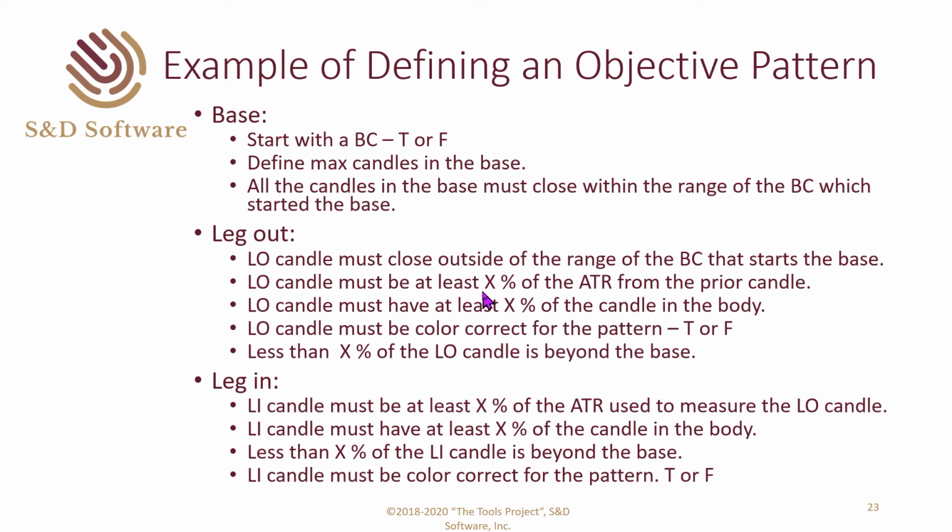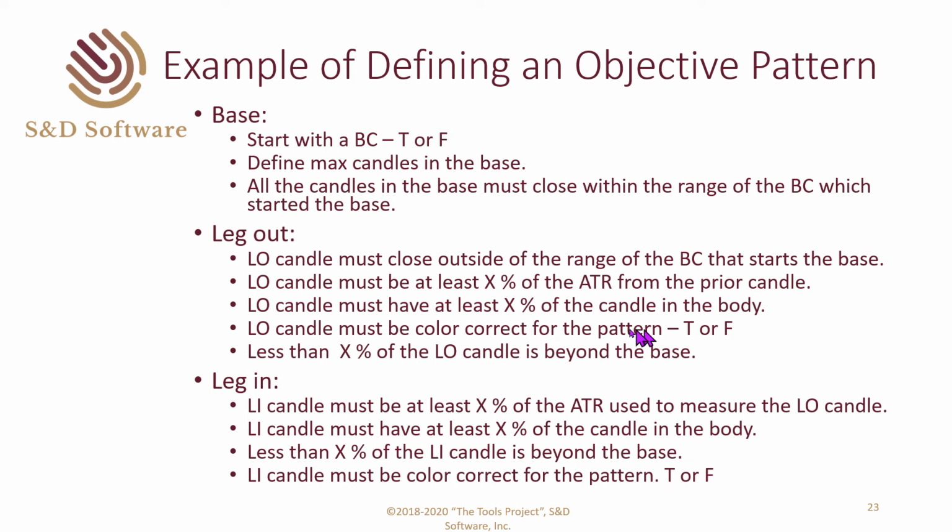What percentage of the ATR from the prior candle is required in order for you to determine that that's a good leg out? How much of the leg out candle needs to be candle body? Do you care what the color of the leg out candle is?